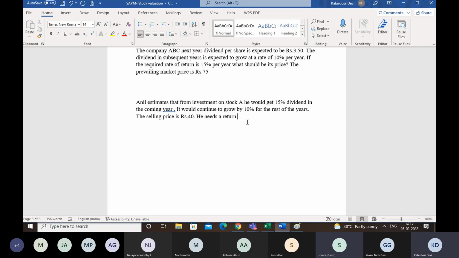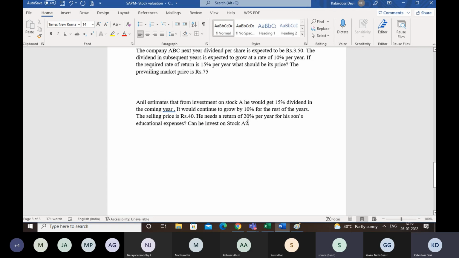He needs a return of 20 percentage per year from this investment for his son's educational expenses. Now you have to check, can he invest in stock A? So this is the question.